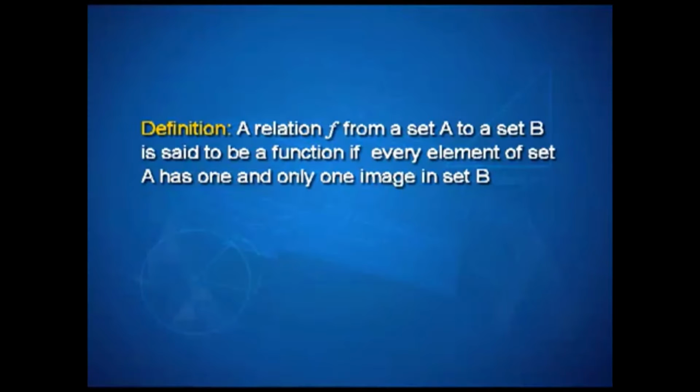Here is the definition. A relation F from a set A to a set B is said to be a function if every element of set A has one and only one image in set B. Now, the words that are highlighted here are every.